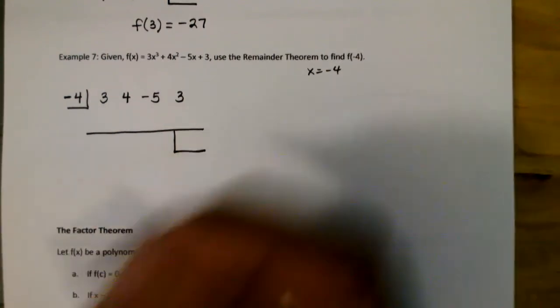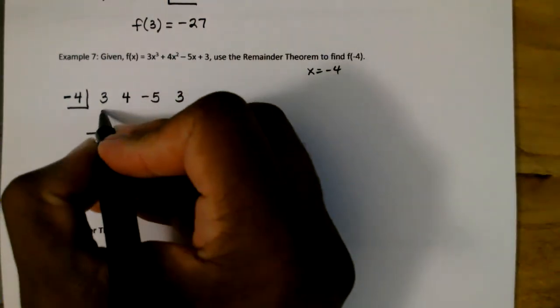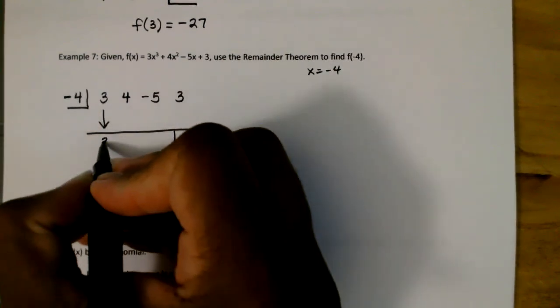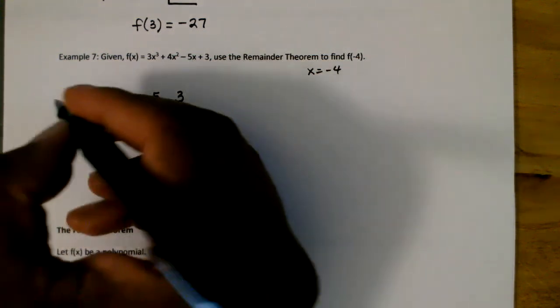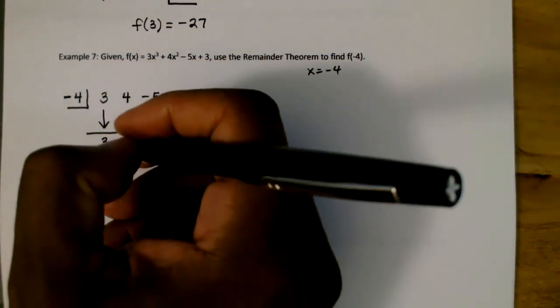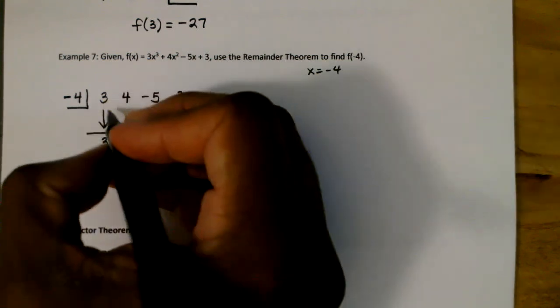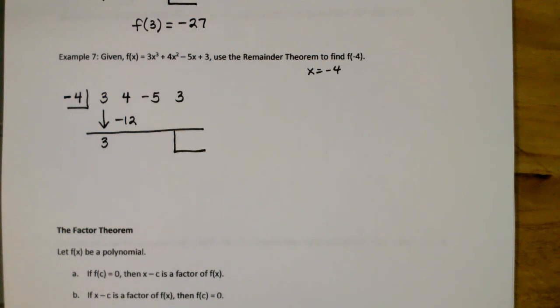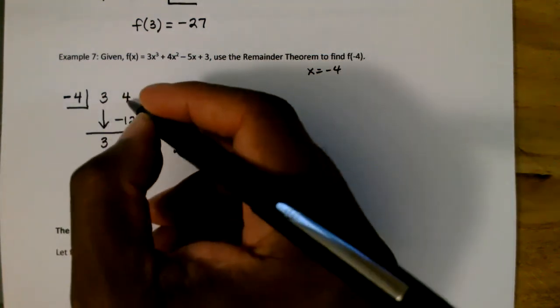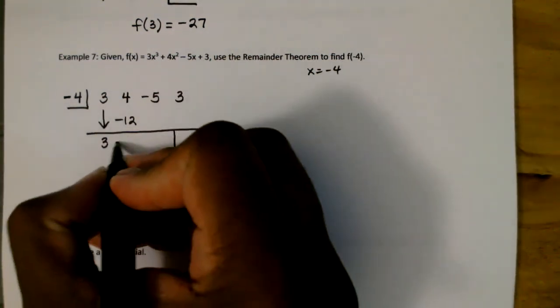And that box represents the remainder. Now we're going to bring down the leading coefficient in the bottom row, which is 3. Then we multiply -4 times 3, which is -12. Then I add 4 and -12 together to get -8.